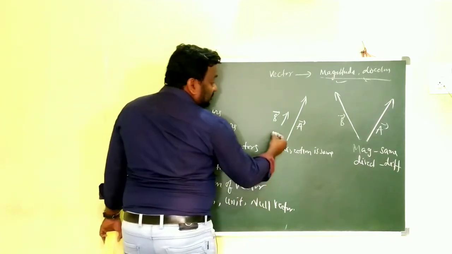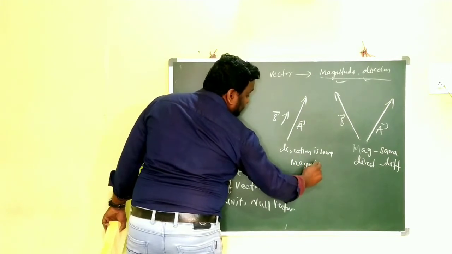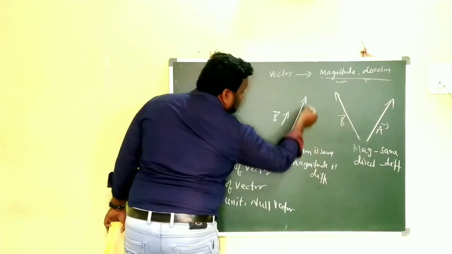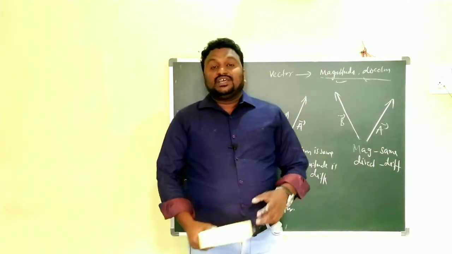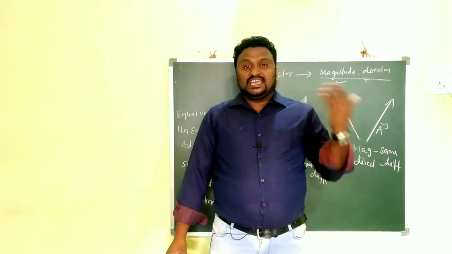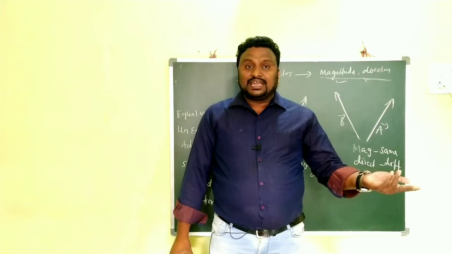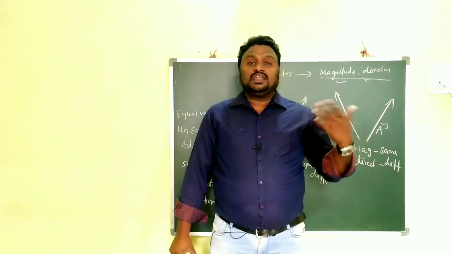Clear? But the magnitude is different. Then also these two are called unequal vectors. That means if two properties are the same, then they are called equal vectors. If they do not have the same magnitude or direction, that is what we call unequal vectors.